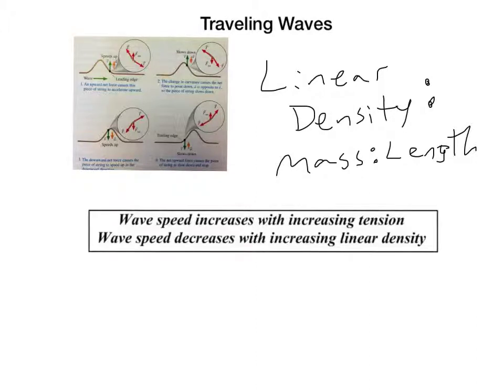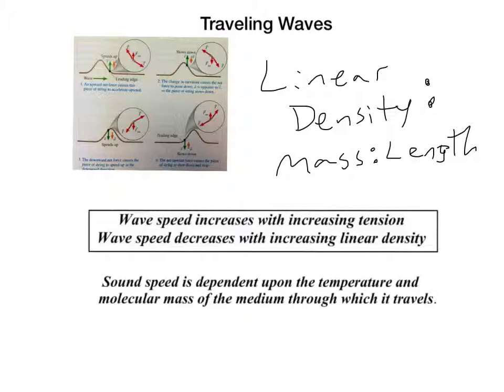So on strings, wave speed will increase when we increase the tension in the string and will decrease with increasing linear density. So the greater the linear density, the slower the wave speed. The greater the tension, the faster the wave speed. In other media, different properties would affect wave speed. For example, gases. Air is the medium through which we hear sound waves, right?